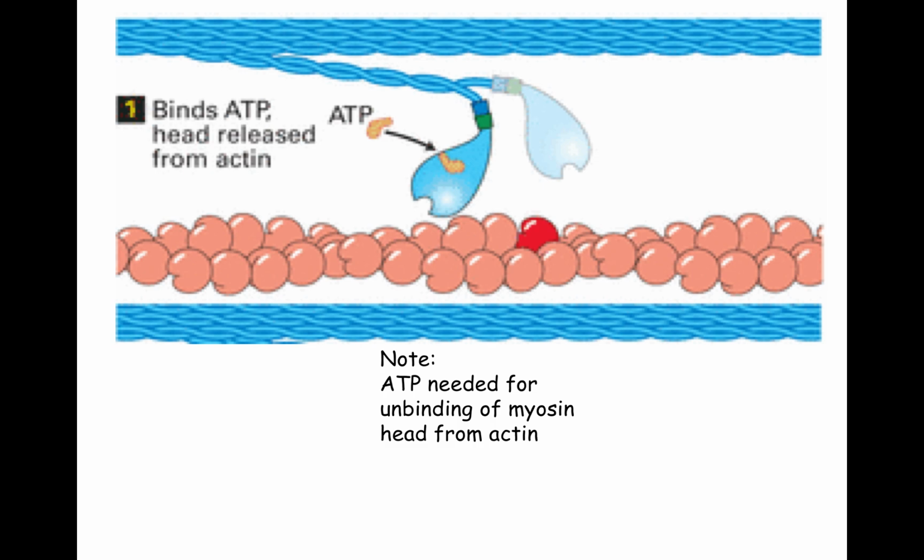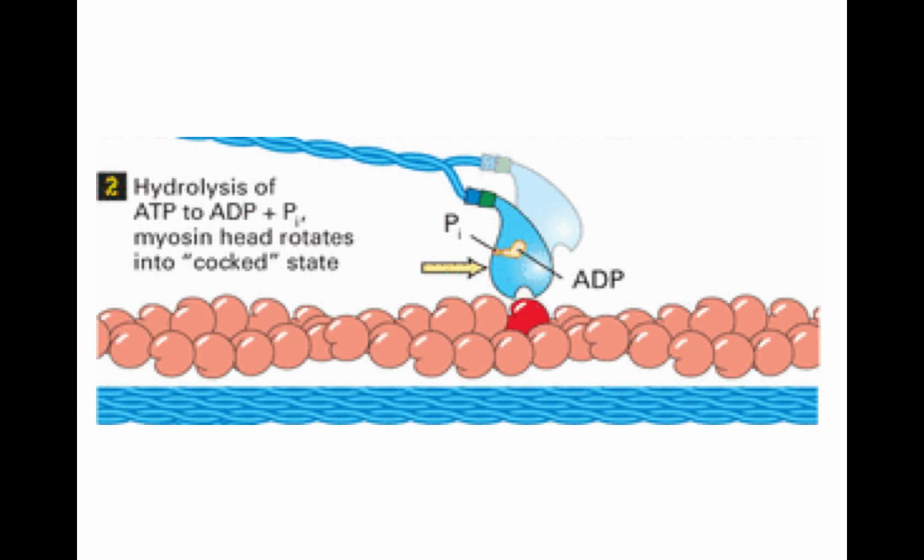This is known, after death, as rigor mortis, that bodies get very, very stiff, and that's because you've run out of ATP, and your myosin heads are bound to your actin. Later on, when the body starts to break down, you get these protein connections breaking, but soon after death, you get rigor mortis because myosin is bound to actin, and you need ATP in order to relax, not to contract.